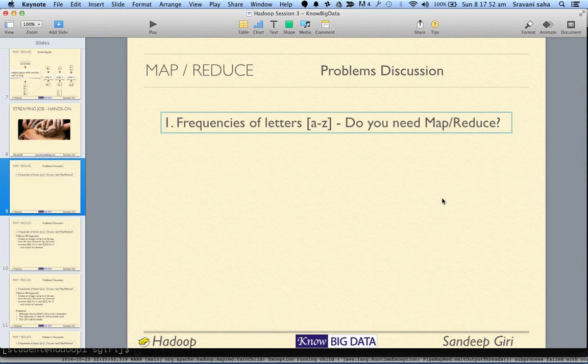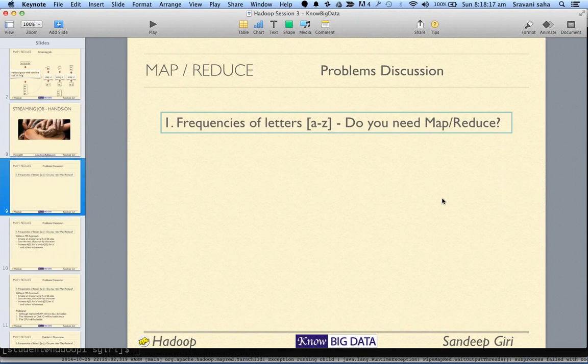So if you have a 26 GB file, and you assume that all the character frequencies are equal, then the size of the value is going to be 1 GB for each one.